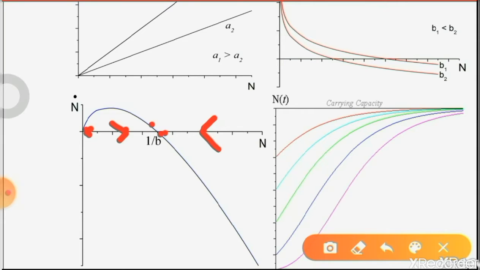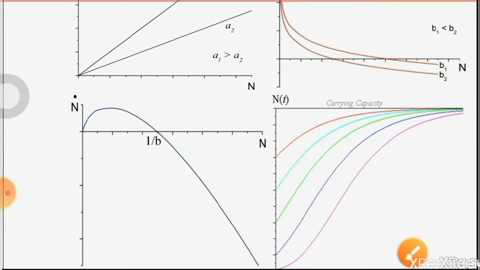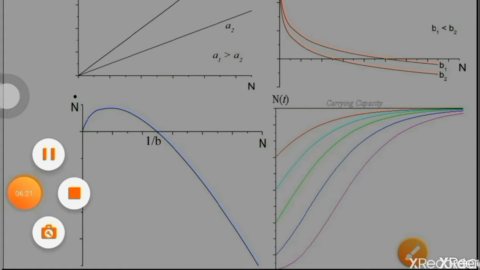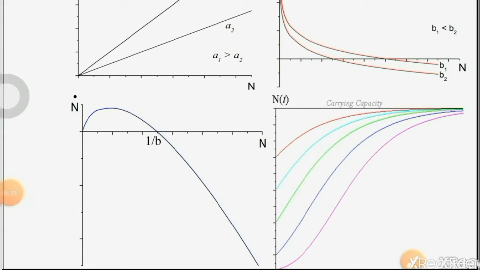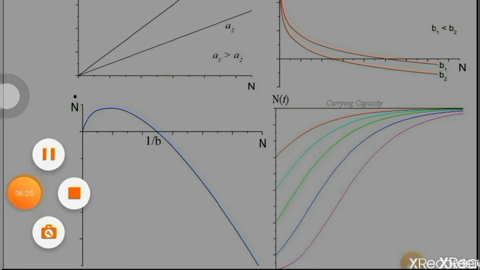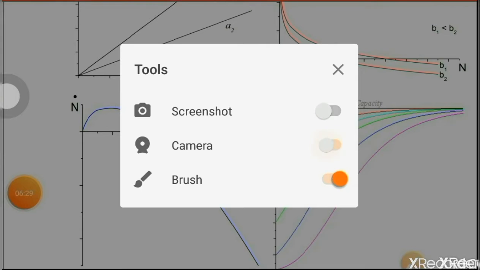We can also check the stability of the fixed points by linear stability analysis. Let us now do that.